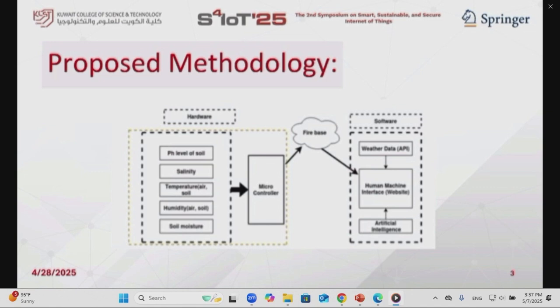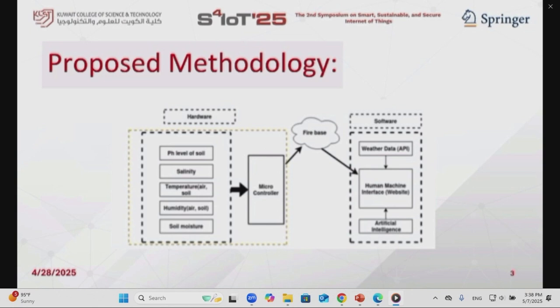In hardware, we are using a soil pH sensor, salinity sensor, temperature sensor, humidity sensor, and soil moisture sensor, which are controlled by the main controller, called the microcontroller. On the software side, weather data is fetched by APIs, and a human machine interface, which is a website, works as an intermediary between the human and the machine. Last is artificial intelligence, which is integrated with the interface to make the work very easy.